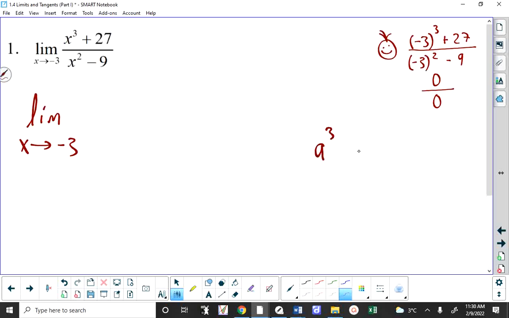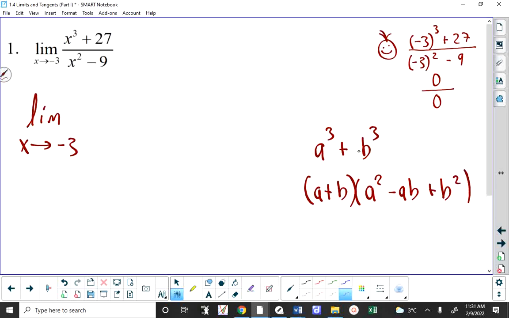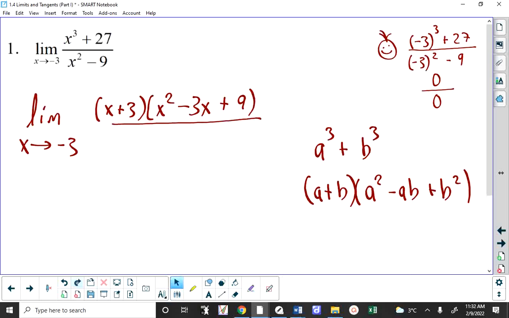A sum of cubes, a cubed plus b cubed, factors into a plus b, and then a squared minus ab plus b squared. When I apply that to x cubed plus 3 cubed, because 27 is 3 cubed, I'm going to get x plus 3. I'm also going to have x squared minus x times 3, which we would write as minus 3x, and then plus 3 squared, which is plus 9.